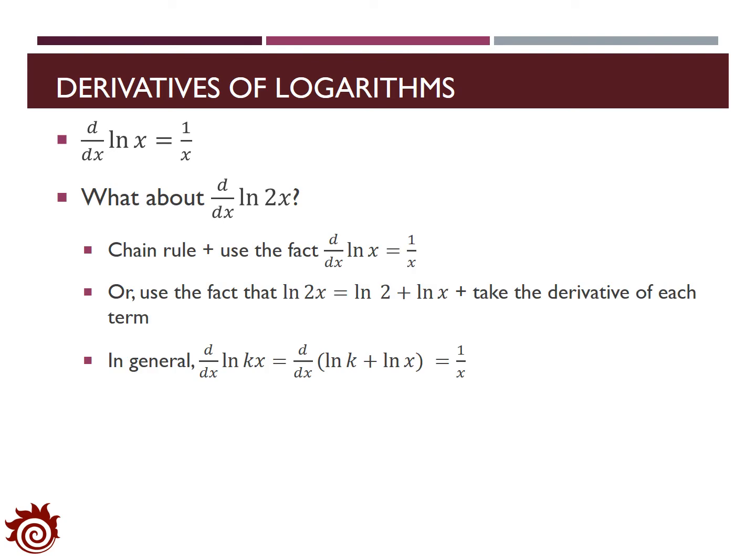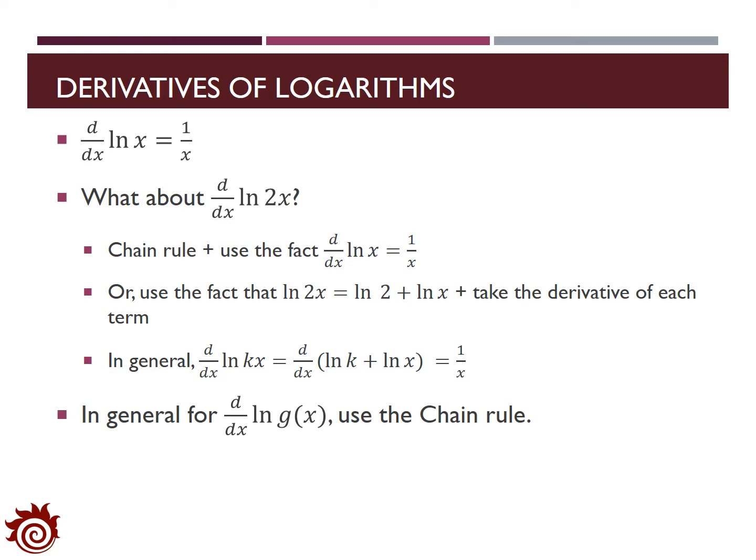Then, to solve the derivative of log 2x, you can either use the chain rule plus the fact that the derivative of log x equals 1 over x, or use the fact that log 2x equals log 2 plus log x, and find the derivative of each term. And in general, the derivative of log kx is always equal to 1 over x.